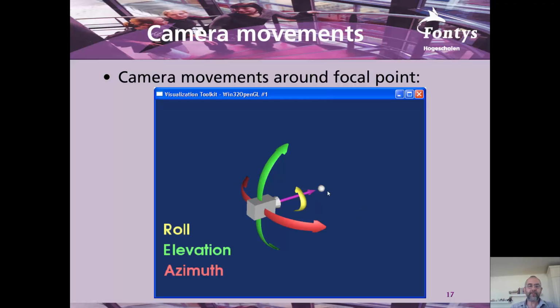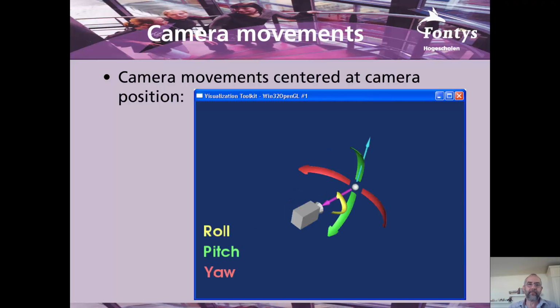So it keeps the point in the center of the image, but it moves around it horizontally. By changing the elevation, it moves around the object vertically, but it keeps looking at the object. The object stays in the center of the screen, but the camera moves vertically around it. Or roll means the camera is rotating around its own axis, but still keeps looking at the object. So that are 3 movements that we can do with the camera.